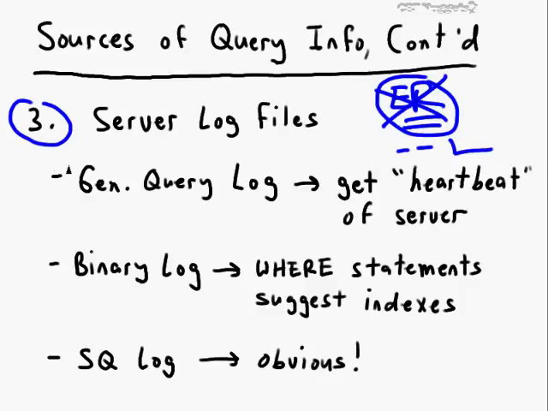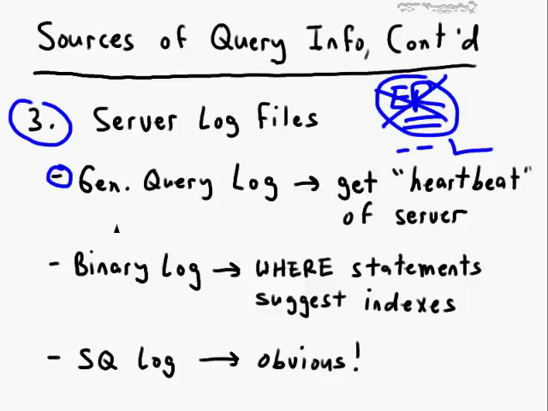Alrighty then. The first of these log files we'll consider is the general query log. You can use the general query log to get a historical heartbeat of the server's query performance or query operations. Now, this query log is going to get big pretty quick, obviously, depending upon how heavy-hitting your time of day and query load is.